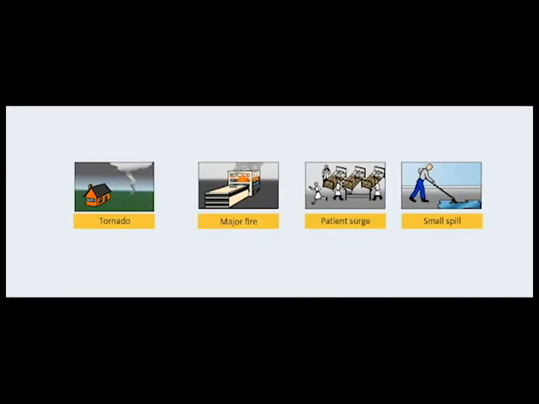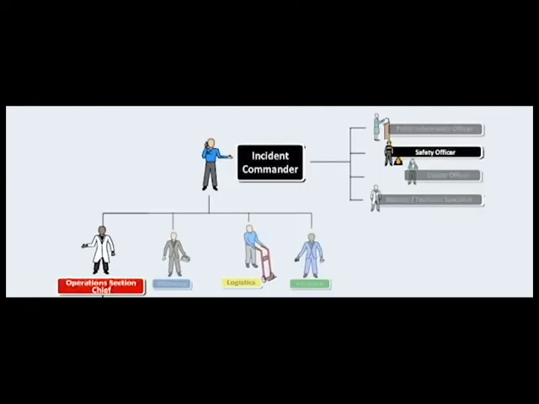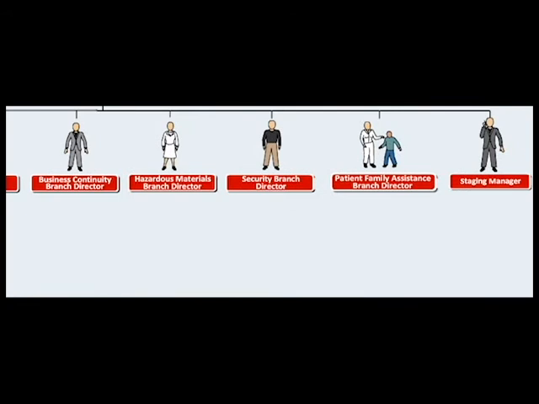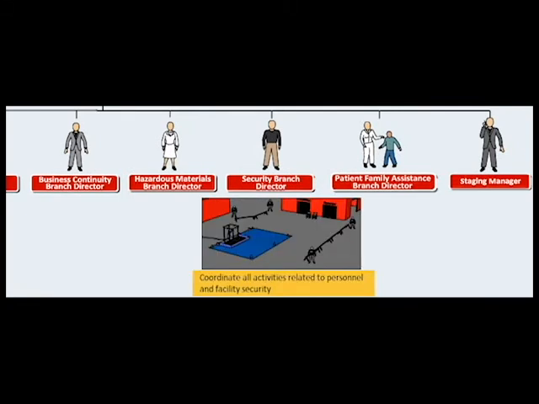During any emergency, security plays a major role in incident management. Decisions related to site security must be made early into the event by the incident commander in conjunction with other senior command staff and the security branch director. The security branch director is responsible for coordinating all of the activities related to personnel and facility security such as access, crowd and traffic control, and law enforcement interface.